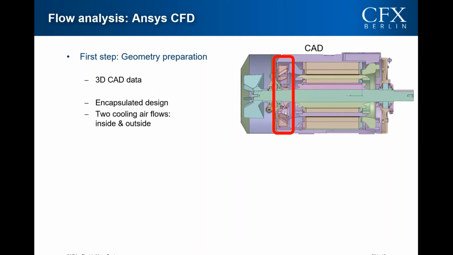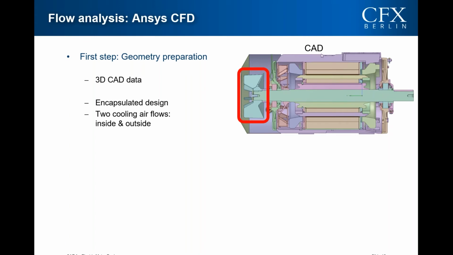Inside, there's a fan mounted on the shaft, causing circulation through the cooling channels in the housing and back through the axial rotor cooling ducts. For improved heat transfer, there is a second fan mounted on the outer part of the shaft, providing airflow over the cooling ribs here.